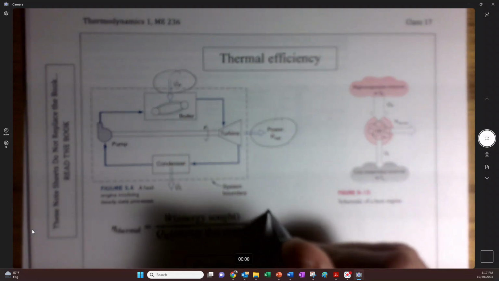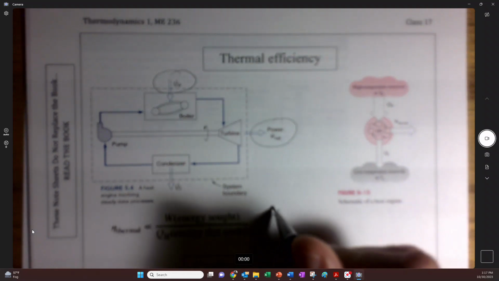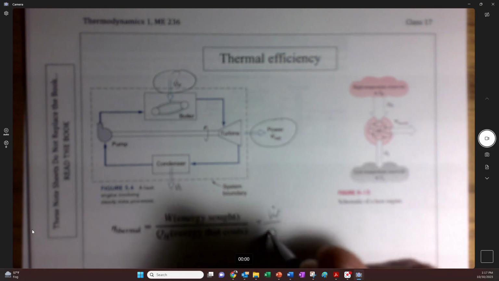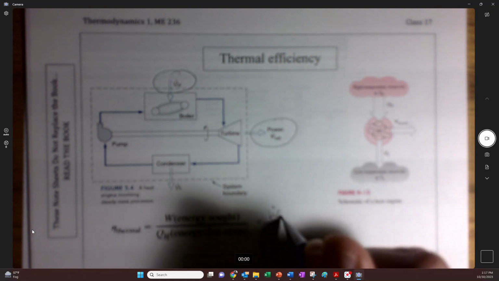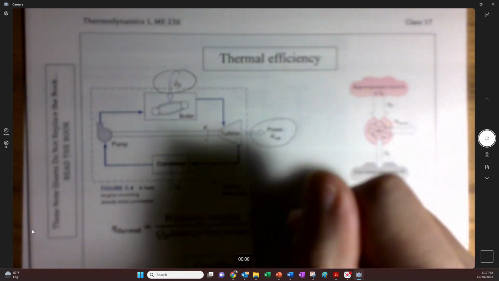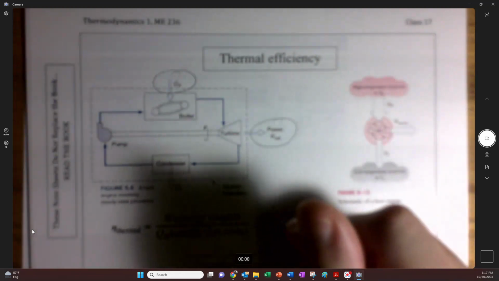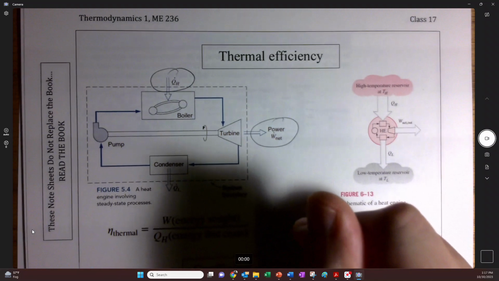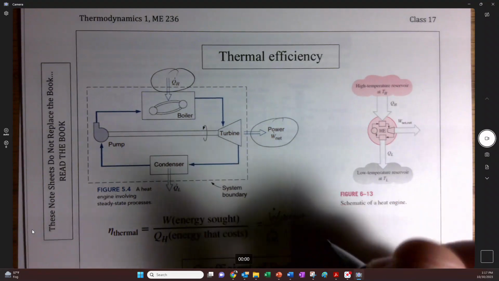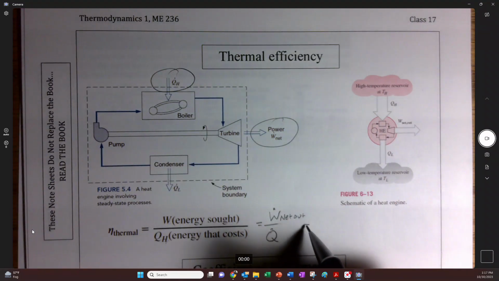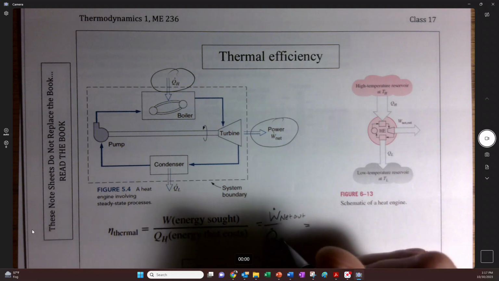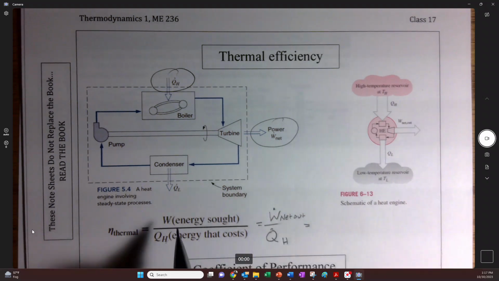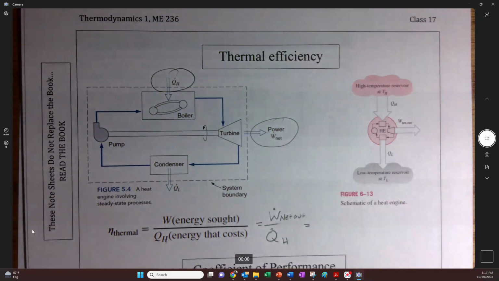So we'll say, and we can put dots in front of these if we want to, or we can just make them a quantity. So this is the work out, and we should say it's net out. Sometimes I'll just say the net work. And this is going to be the high heat coming in from our source, right?